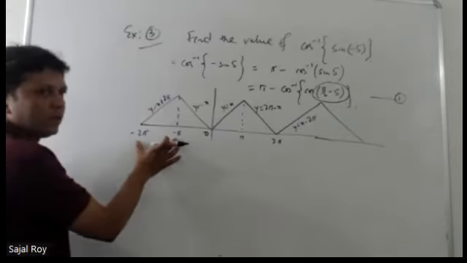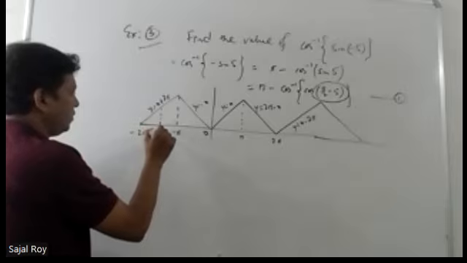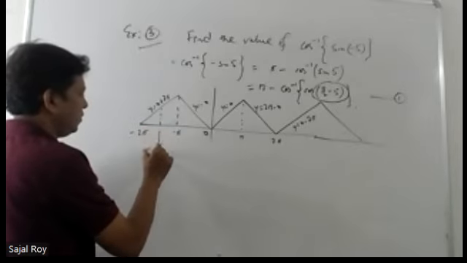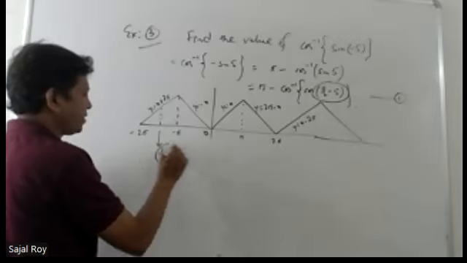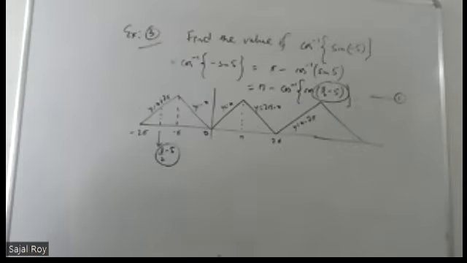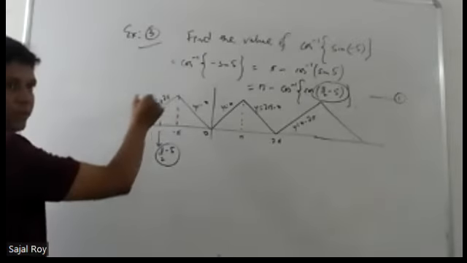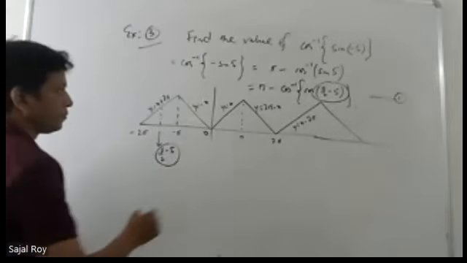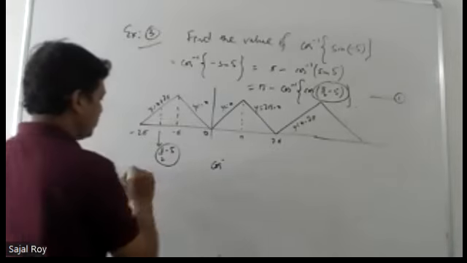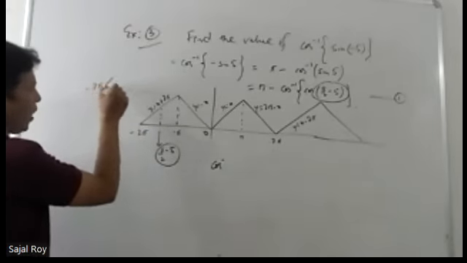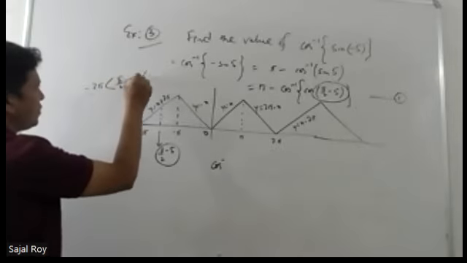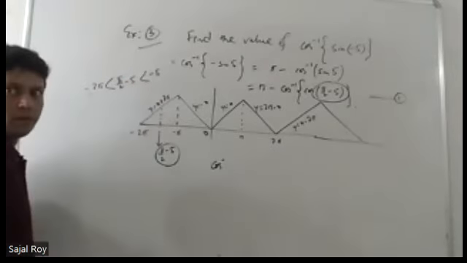Correct? So you will consider this one, right? So what happened? Your pi by 2 minus 5 is between this one.